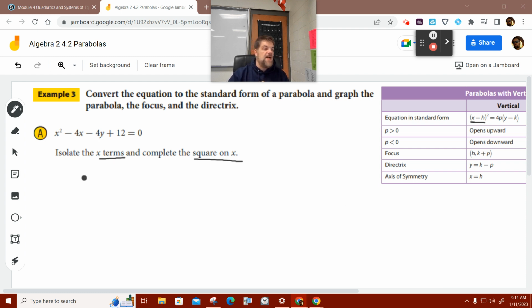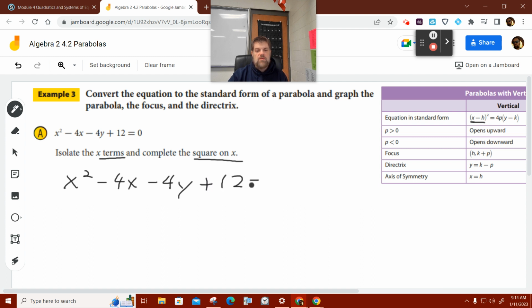So to isolate the x, the first thing we're going to do is put the y's on one side. Basically, we're going to get all the x's on one side and then move everything else to the other side. So I'm going to start with, and you guys should write this down, x squared minus 4x minus 4y plus 12 equals 0. Anything that doesn't have an x in it, we're going to move to the other side.